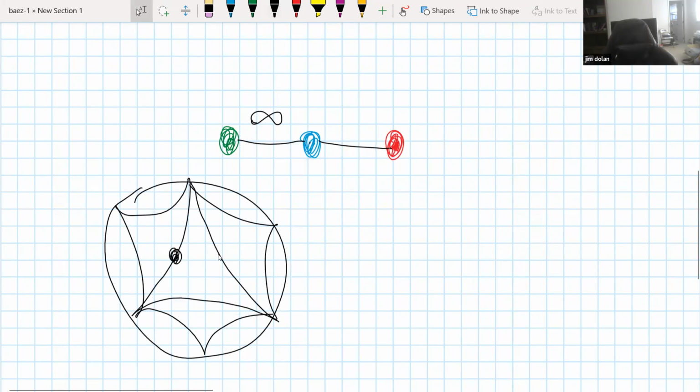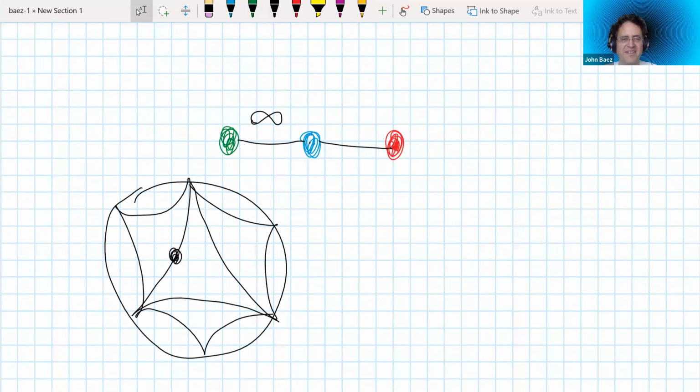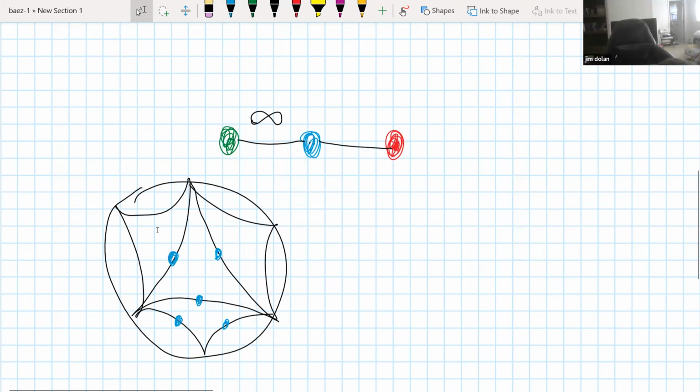That doesn't look blue to me. And then this says that rotating around a red should be infinity.